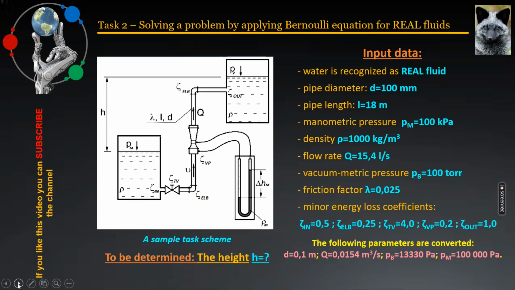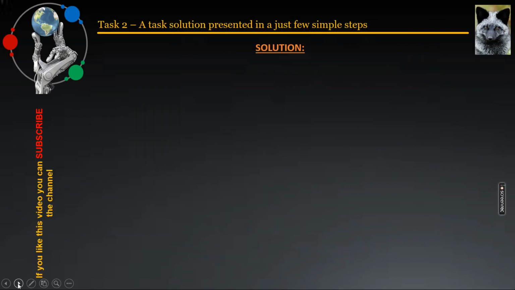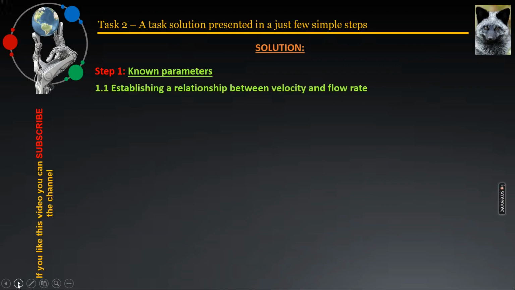Now we can move on to step 1, which is the so-called known parameters, including the following actions. The first action is establishing a relationship between velocity and flow rate, as for this purpose the equation of continuity is used.